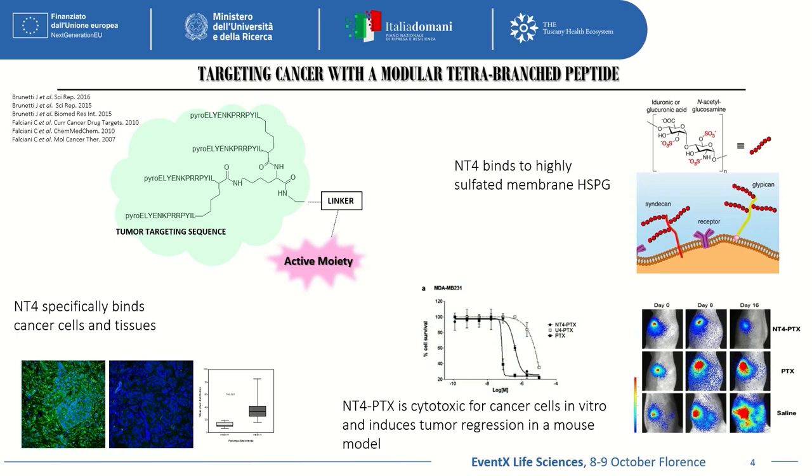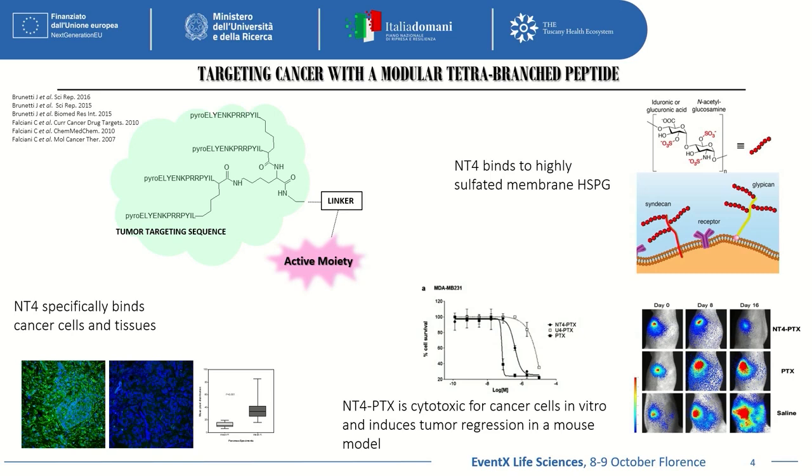Later on, we discovered what the target was, and that was interesting because the target of this branched sequence were the glycosaminoglycan sulfated chains of heparan sulfate proteoglycans. Thanks to our studies, it was also demonstrated that many cancers express extremely highly sulfated heparan sulfate proteoglycan, much more than healthy tissue.